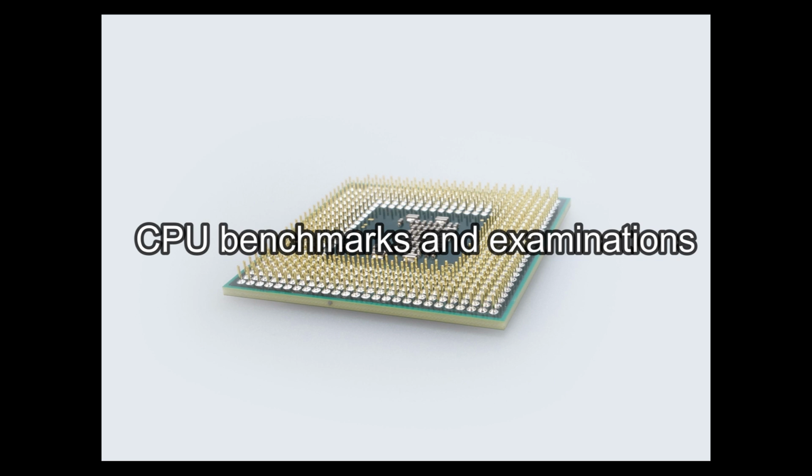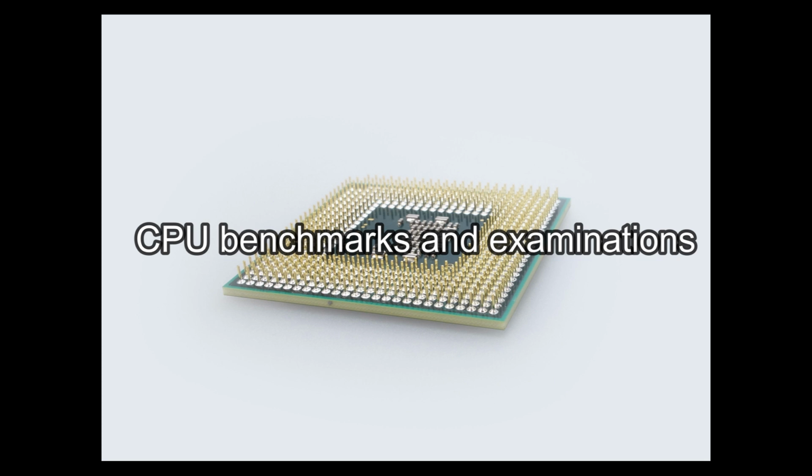It's also critical to consider the type of CPU you really want. Intel and AMD are the two primary CPU manufacturers, and they each offer a range of CPUs for different use cases.